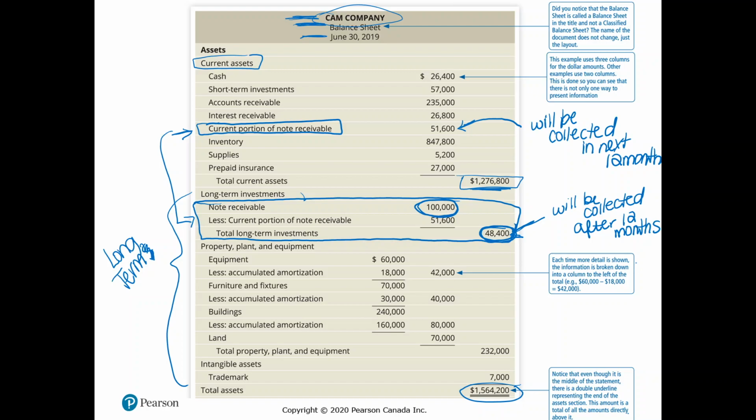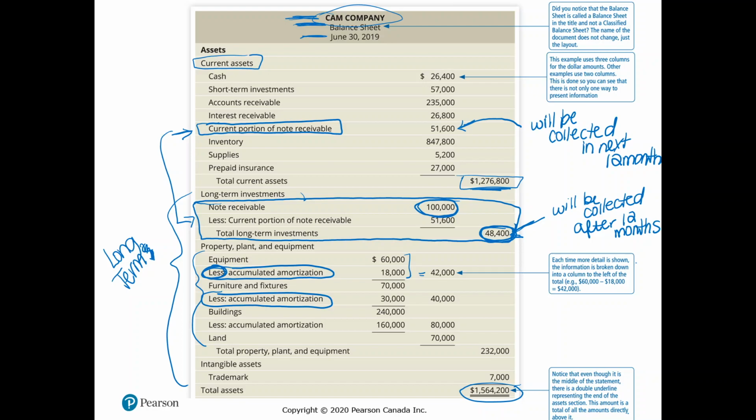Then we can see just below we've got the different types of long-term assets. So all of our property, plant, and equipment with this contra account for each of them. So we're breaking out that accumulated amortization, which we know brings down the value of the item. So $60,000 less this $18,000 accumulated gets us to our $42,000.